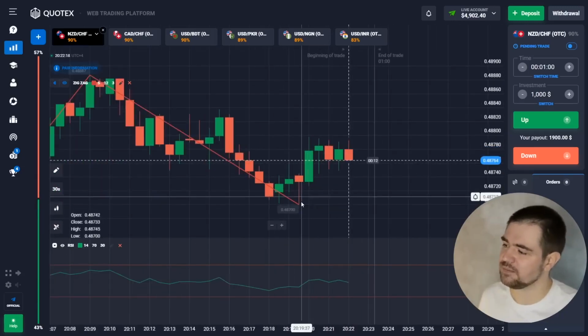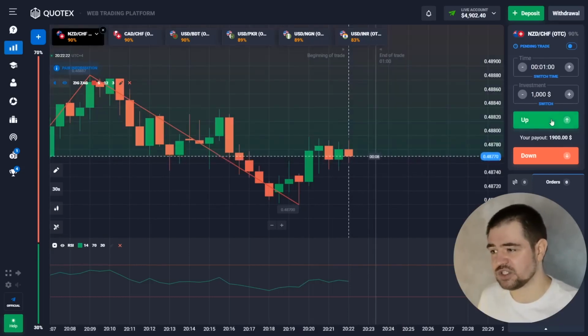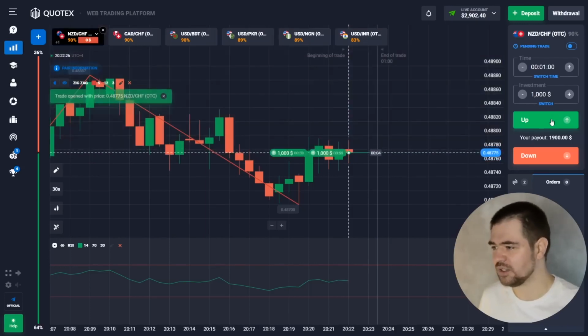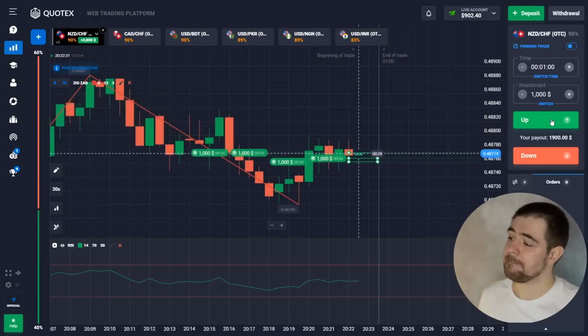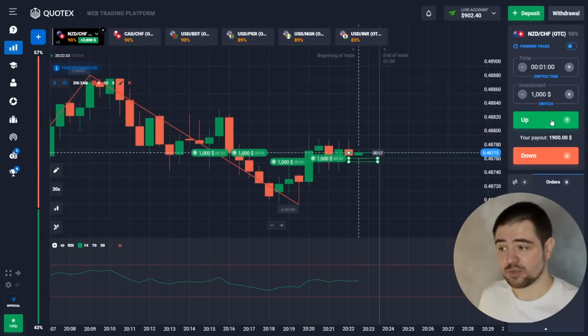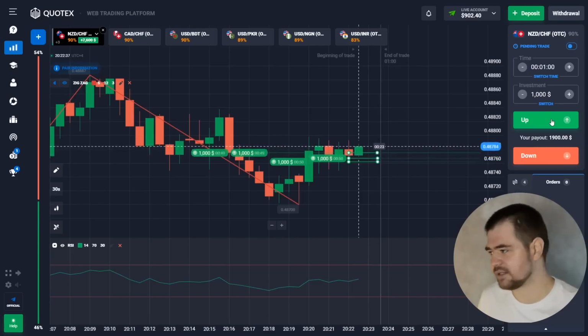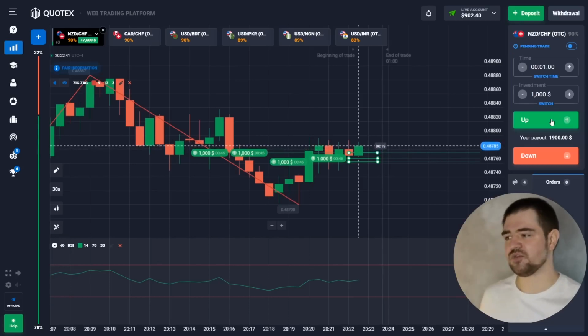This large green candle, all indications for the long. So that's what we're going to do. We're going to make a $4,000 option for a long for 1 minute.